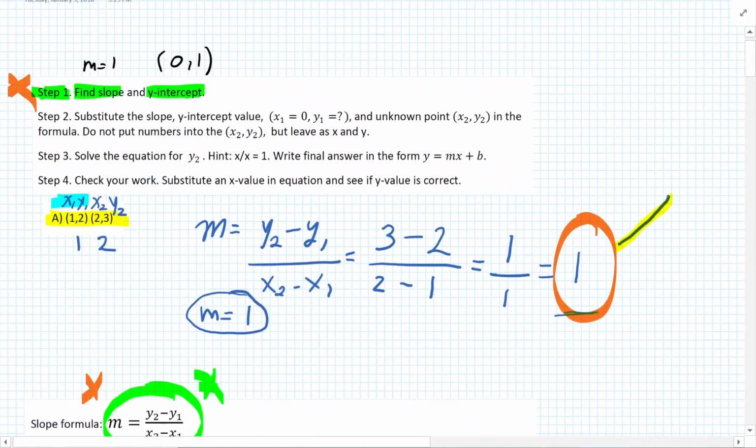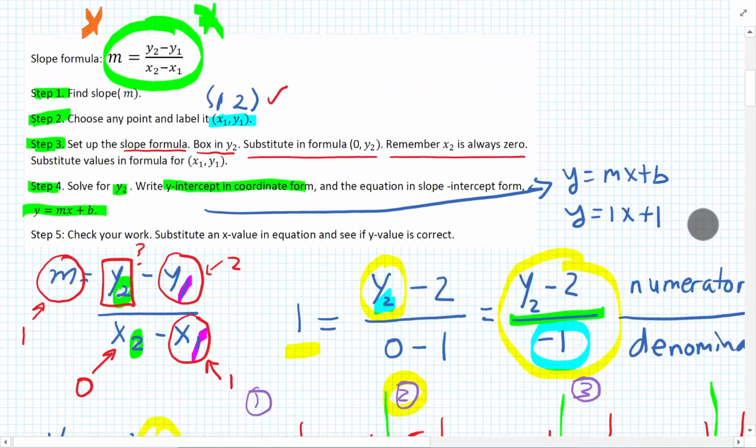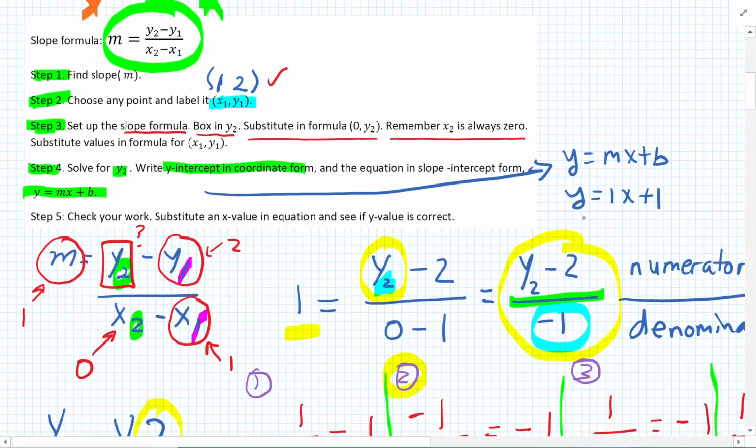So 1 is equal to b at the point where x is 0. That's our solution. I can simplify it a little bit more: y equals x plus 1. I'm going to put a box around that.